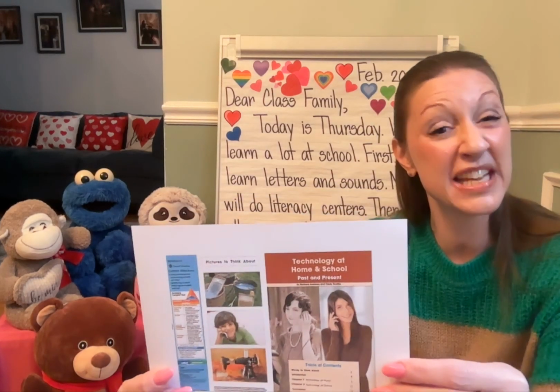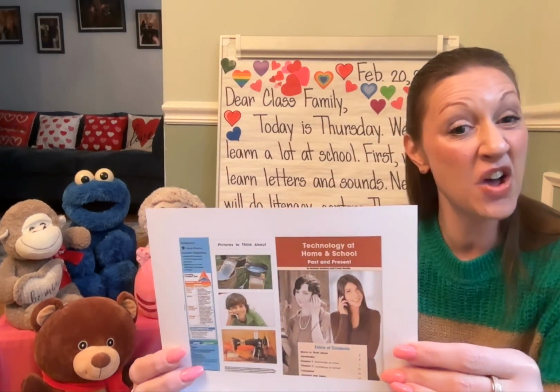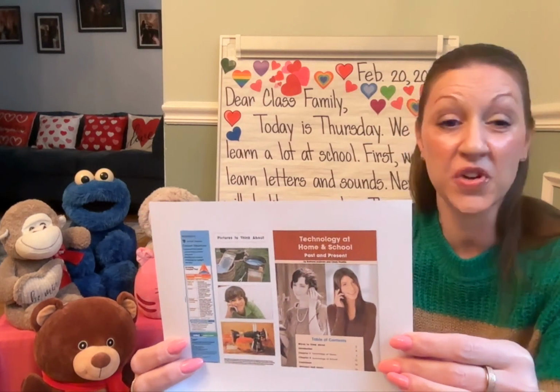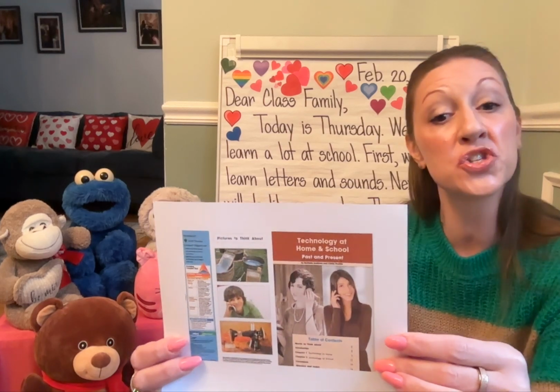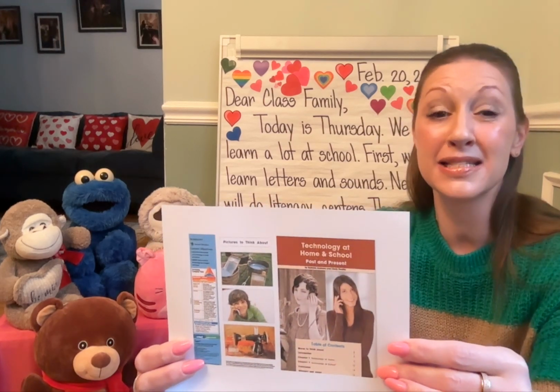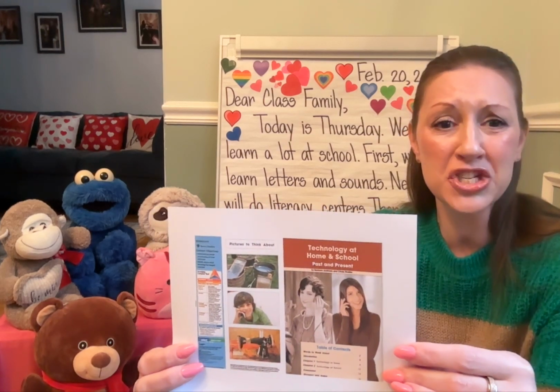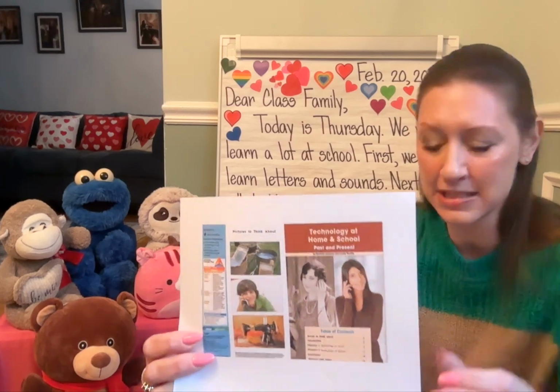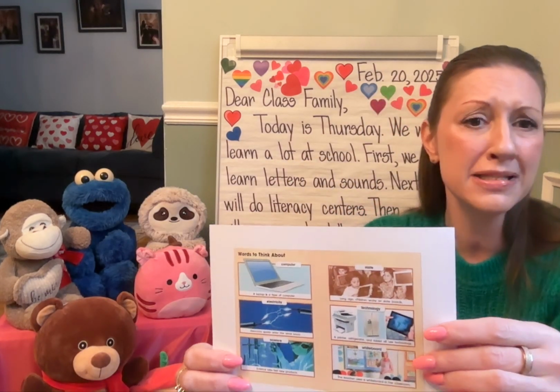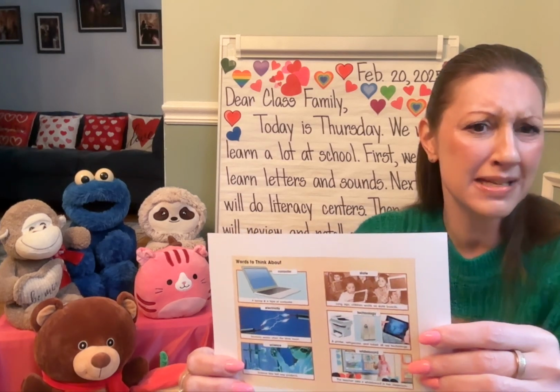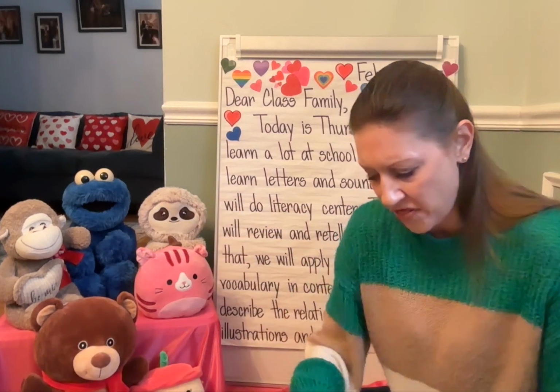We've been learning about text features and how there are informational text features that help a reader to understand the text, such as title, illustrations, table of contents, captions, words in bold print, headings. We've been learning about that.